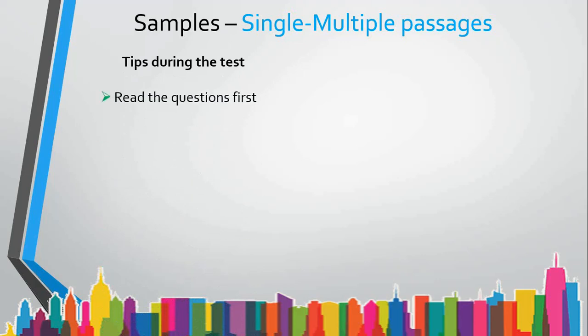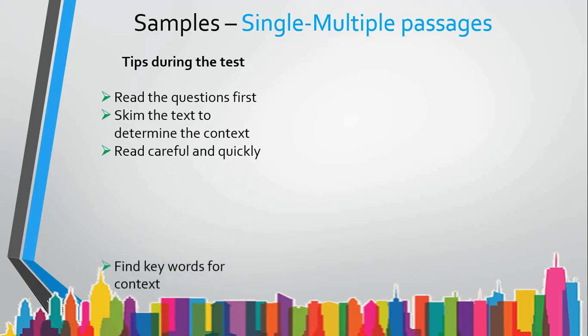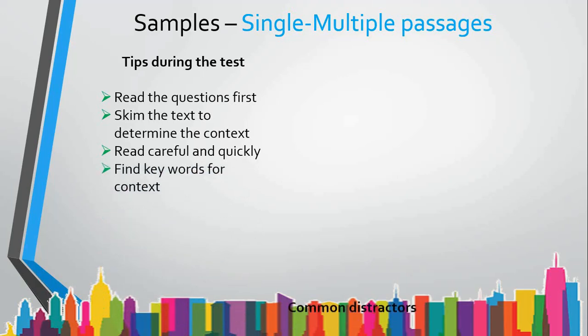Before reading the passages, read the questions first, because by doing so, you may get to know what to get from the text or what to focus more on each text. Skim the text to determine the context. Skimming means get the general idea of the text. Read carefully and quickly, find keywords for context.